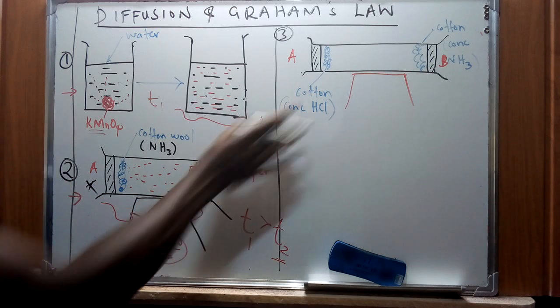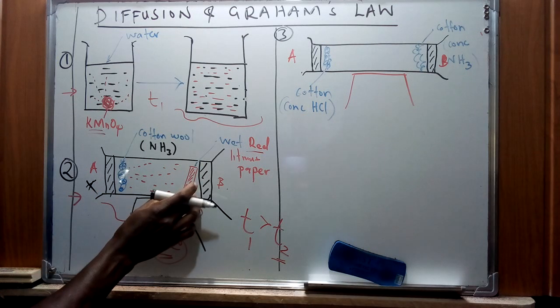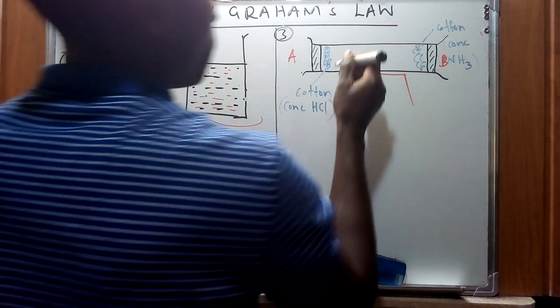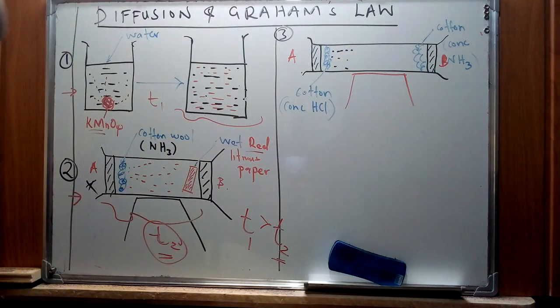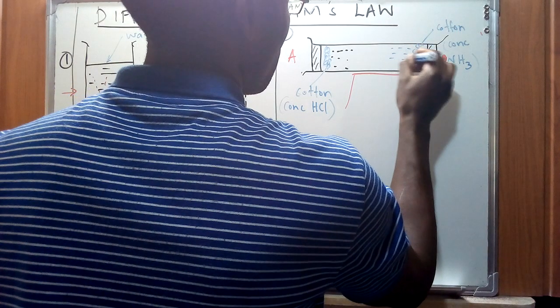Now this and this one are the same, only that at this particular end, instead of a litmus paper, we have ammonia gas. So when these particles start spreading from this end, the ammonia particles will spread from this other end.